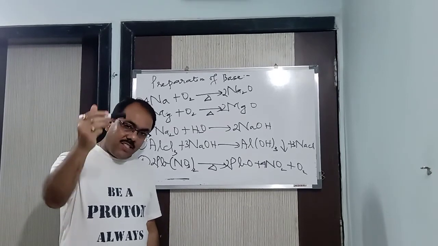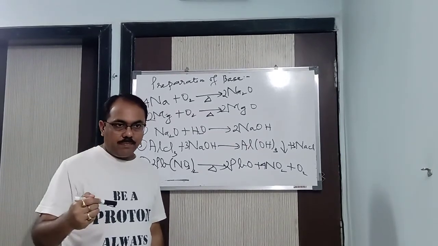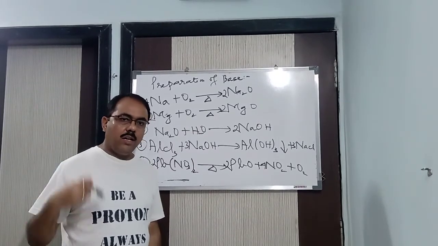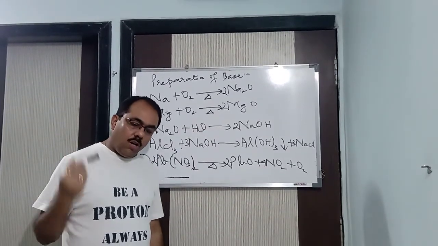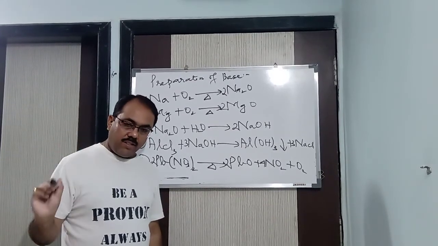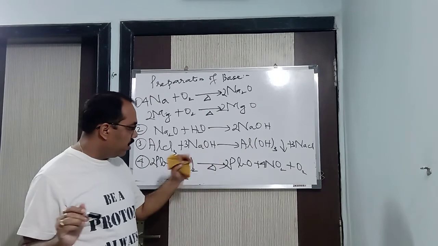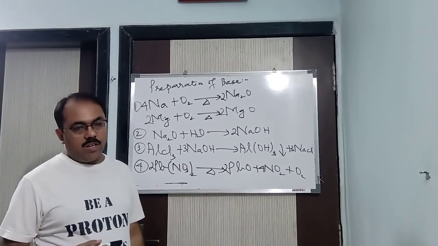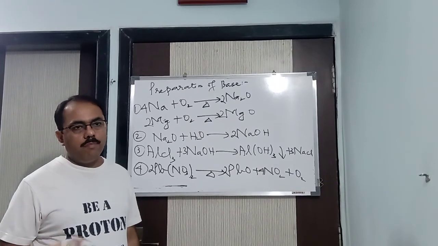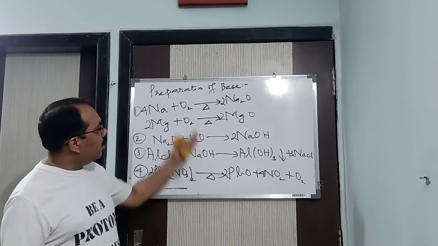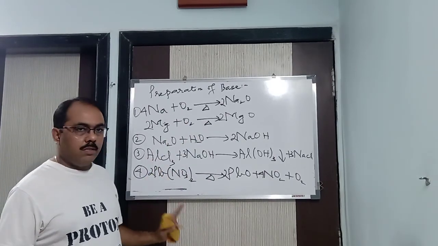After that, from calcium to copper, whatever elements are there, calcium, magnesium, aluminium, iron, zinc, lead, up to copper, on heating will give you the oxide plus nitrogen dioxide plus oxygen, as I have written here. Similarly, if you take mercuric nitrate on heating, it will give you mercury plus nitrogen dioxide plus oxygen. It will not give you oxide, it will give you the metal. So in this way we can prepare the bases. Thank you very much.